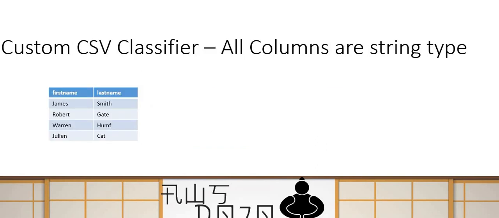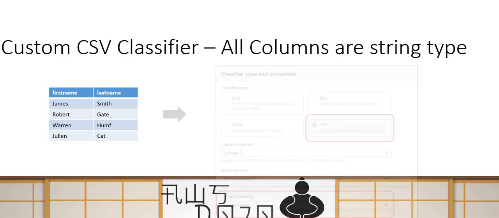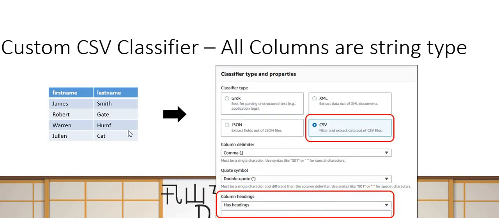If you come across a scenario where all columns are string type and your out-of-box classifier is not able to recognize the first line item as a header, then in that case you can create a custom classifier. And you can see over here in this example, let me bring my mouse here. You can see that in the custom classifier setting, I'm saying this is a CSV file. Then I provide my delimiter information, and after that you go to the column heading section and say, hey, this file has a heading.